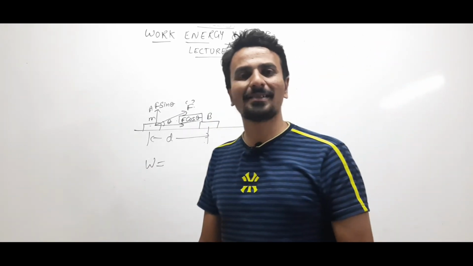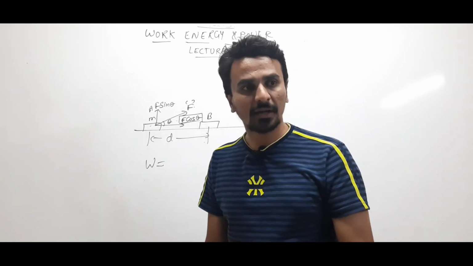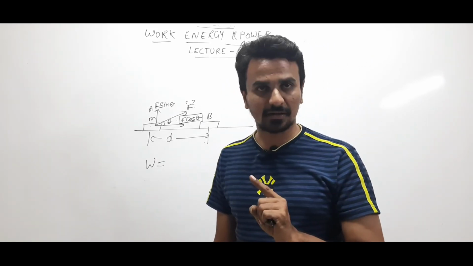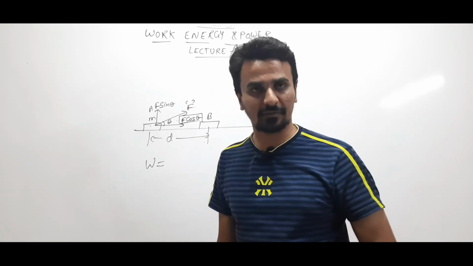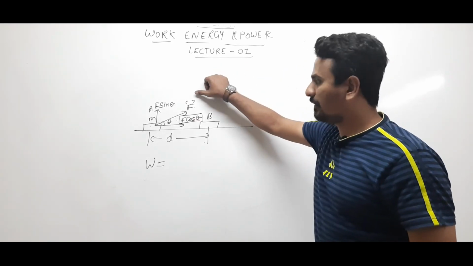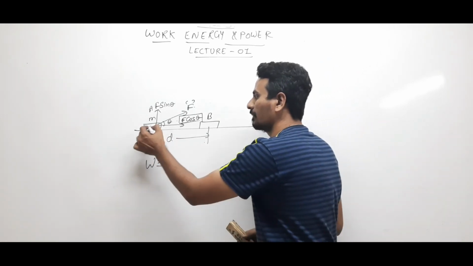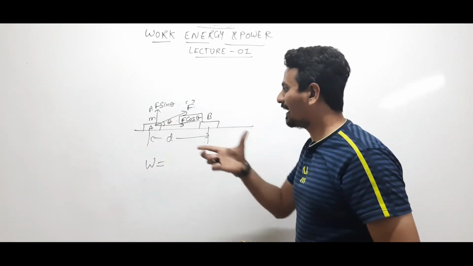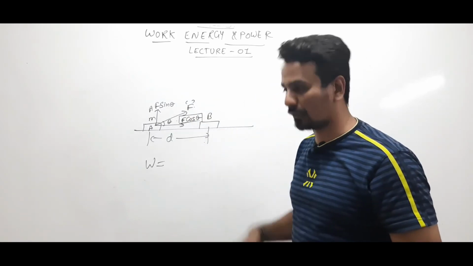So more precisely, work done is defined as the component of the force in the direction of displacement, into displacement. Clear? Here, make it very sure. Because of this force F, it is not moving from say A to B. The displacement d of this block is because of the component of force, that is F cos theta.